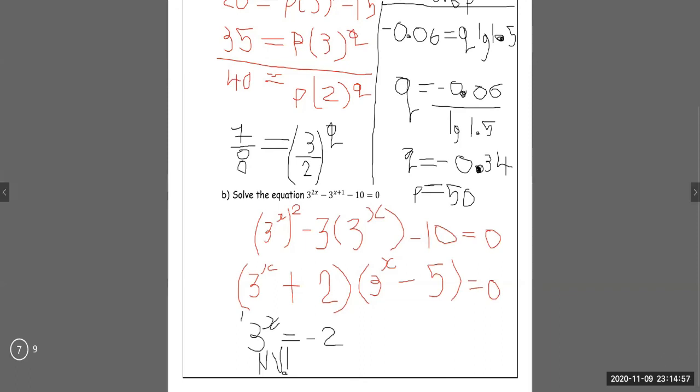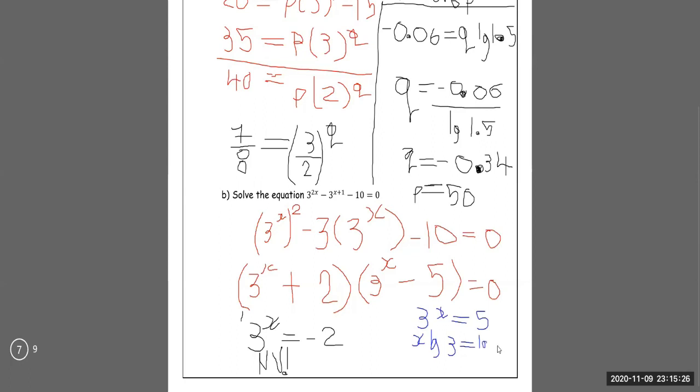So now all we need to focus on is when 3 to the x is 5. If 3 to the x equals 5, what is x? Then you'd have to log it. Very good, so let's log it. So we get x log 3 is equal to log 5. So what's x?